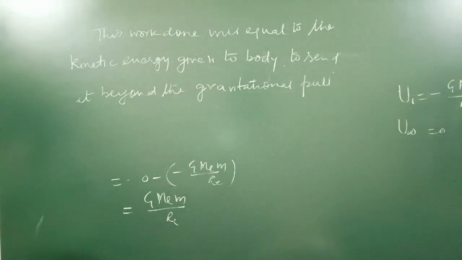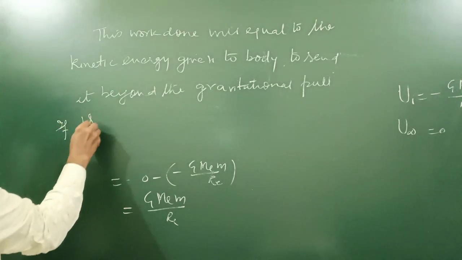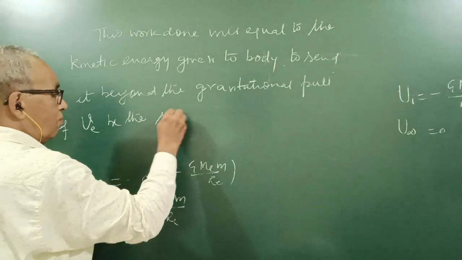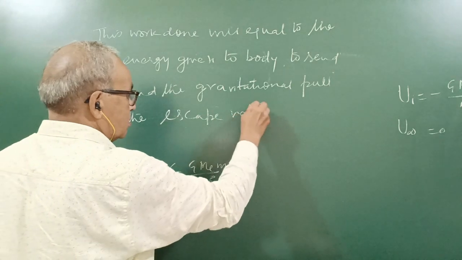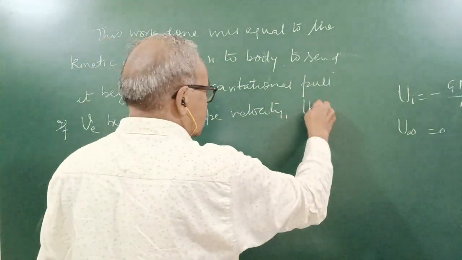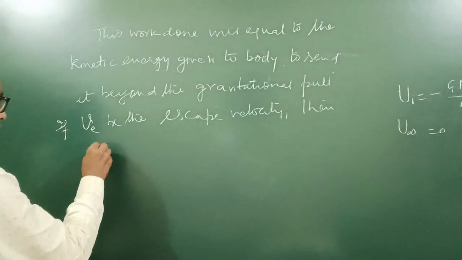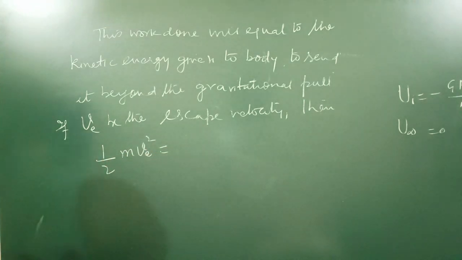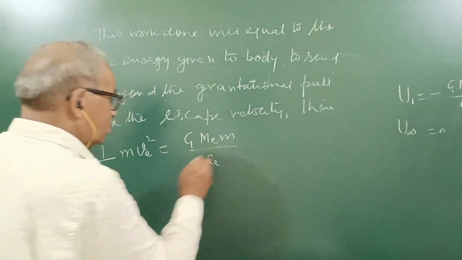You might be thinking the same thing is being repeated again. Now we have to explain what is happening there. So if Ve is the escape velocity, then half m v square is equal to G Me m upon Re.